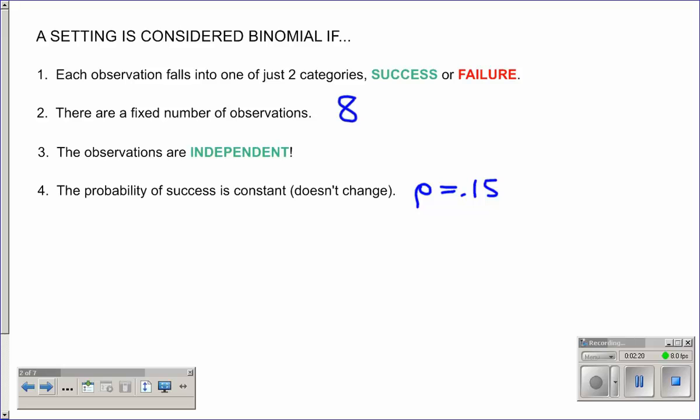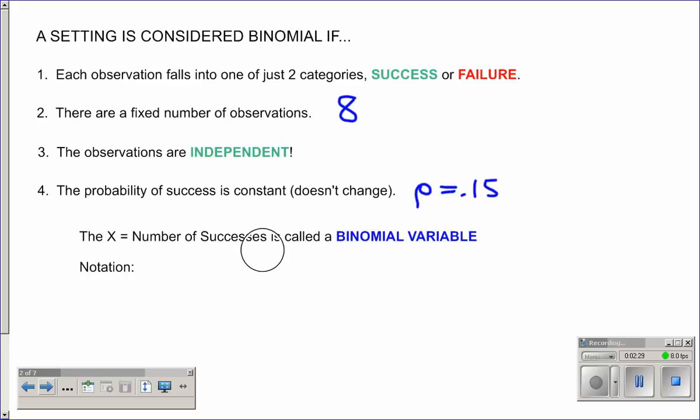If we satisfy all 4 of these things, we say that x, the number of successes, is called a binomial variable, and we have some notation for it. Keep in mind that we had notation symbols for a normal distribution. Now we have a binomial distribution. So here, x equals the number of defective parts.